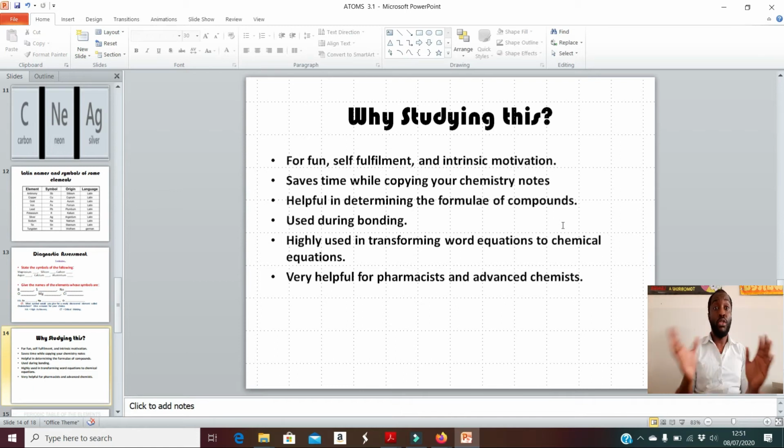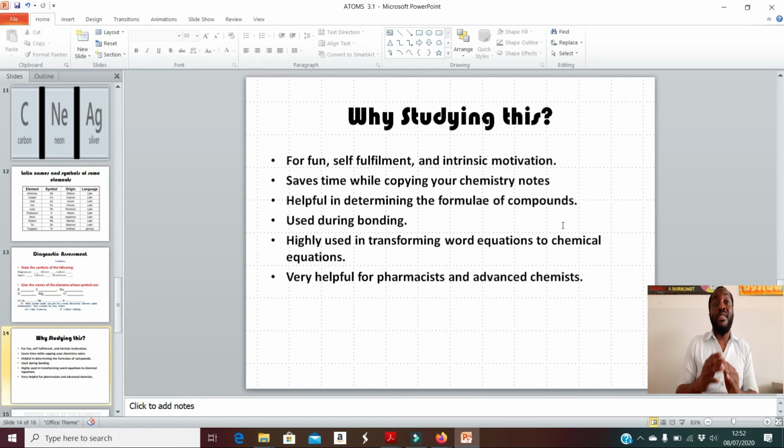It brings about self-fulfillment. Imagine you as a learner knowing almost all the symbols of elements. You feel big. There's also that self-motivation, what we call intrinsic motivation. So you're motivated internally, not externally, to study more about elements.